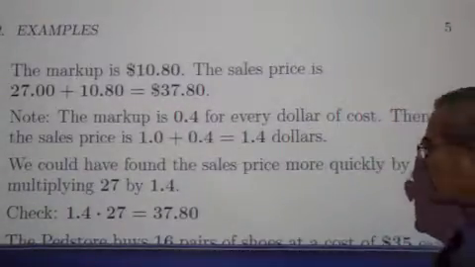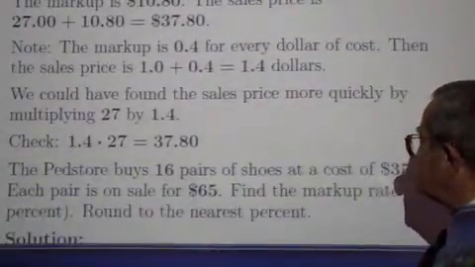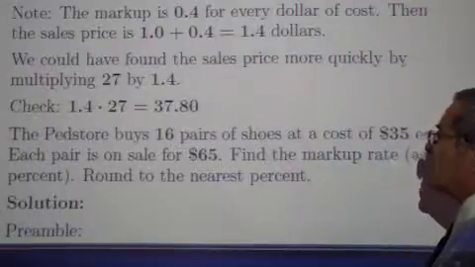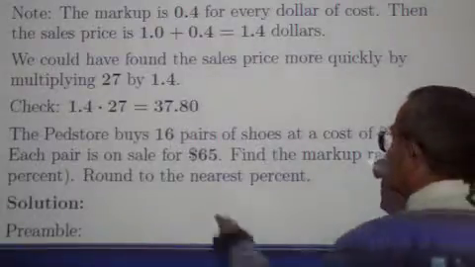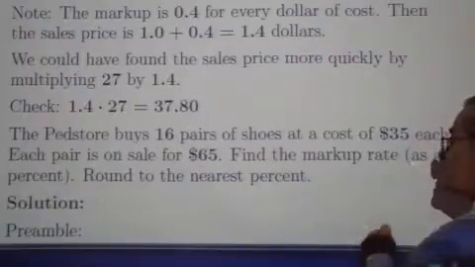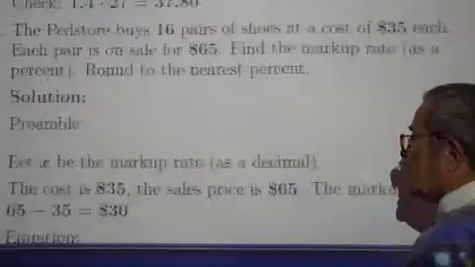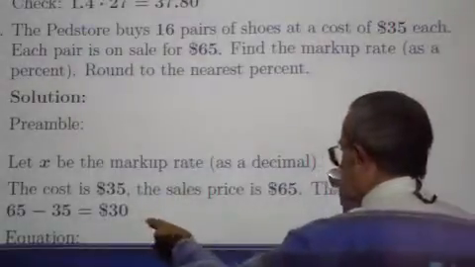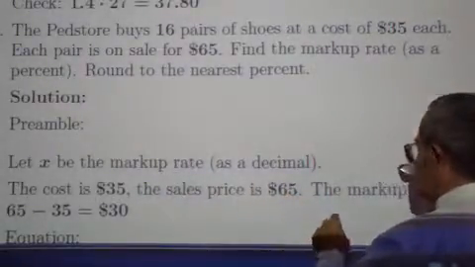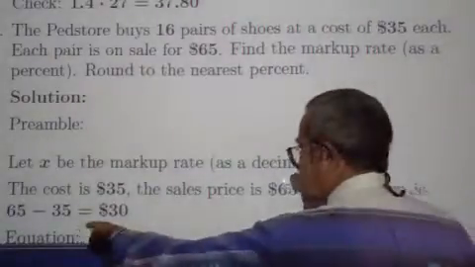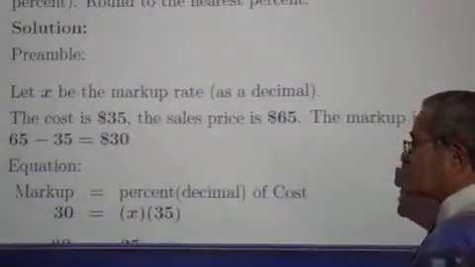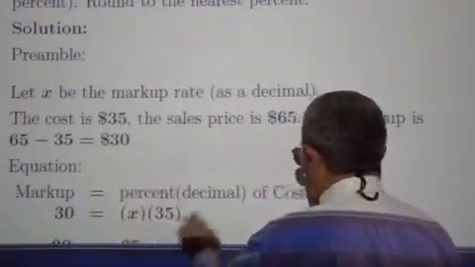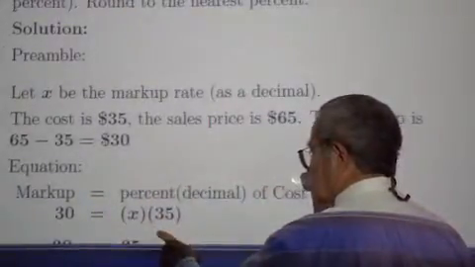Now, the pet store buys 16 pairs of shoes at a cost of $35. Each pair is on sale for $65. Find the markup rate. Well, first find, let X be the markup rate. The cost was $35, the sales price was $65, so the markup is the difference of the two, or $30. Markup, $30, is percent, which I don't know, of cost, that's $35.